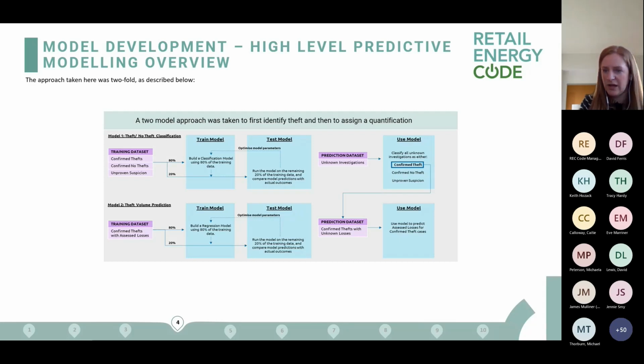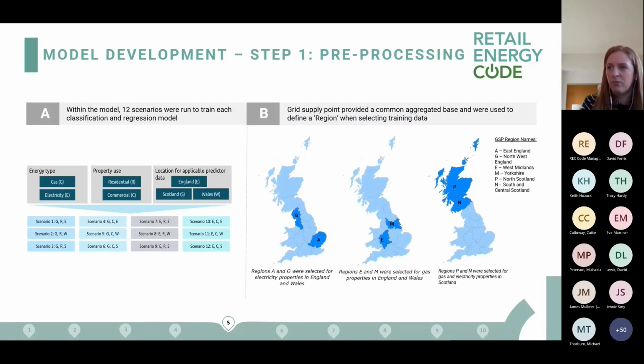If we go on to the next slide, please. Within the pre-processing, so for setting up the models, we identified that actually we weren't able to just build one model. Through working with the data, there were very clear different energy types, gas and electricity, and the property uses, residential and commercial.